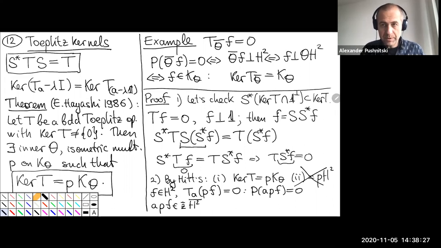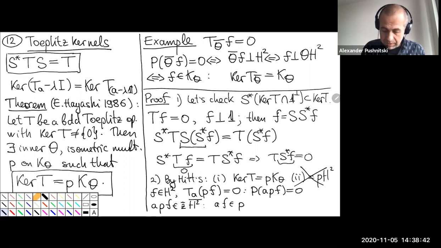This is the orthogonal complement to H2 in L2. And then since p is inner, we can rewrite this as Af being in p bar, z bar, H2 bar. Now the right-hand side is anti-analytic, right?